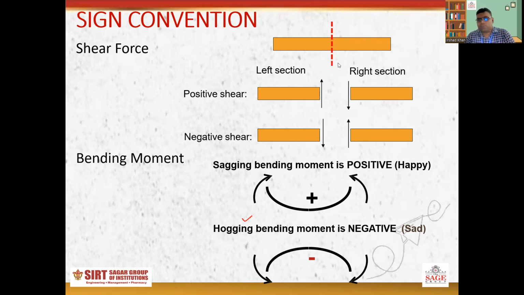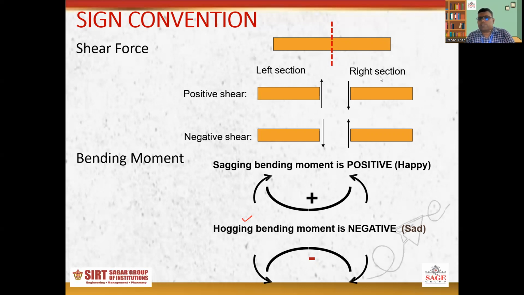If the load is acting at the right side of the section, when the load acts from upward to downward, it will be positive, and when the load acts from downward to upward, it will be negative. Likewise for the left side section, if the load is acting from down to up, it will be positive, and opposite of that, when the load acts from upward to downward, it will be negative.